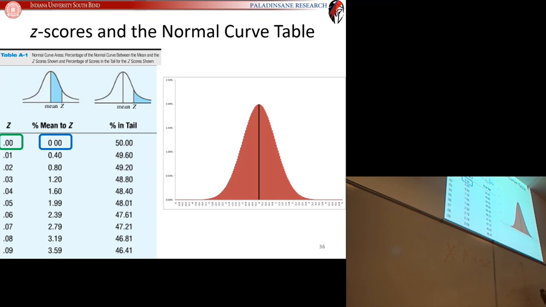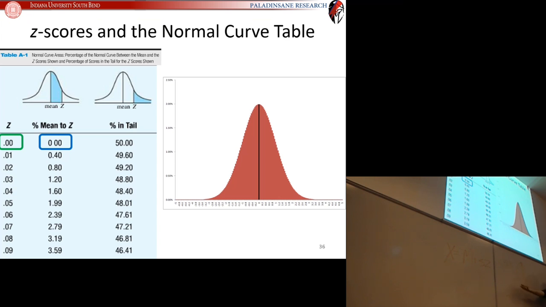The second thing to keep in mind is that the z-scores in your table are only positive. This is because these tables used to be printed in hardcovers on paper, and in order to keep the size of these tables manageable, they said, you know what, the unit normal distribution is symmetrical.